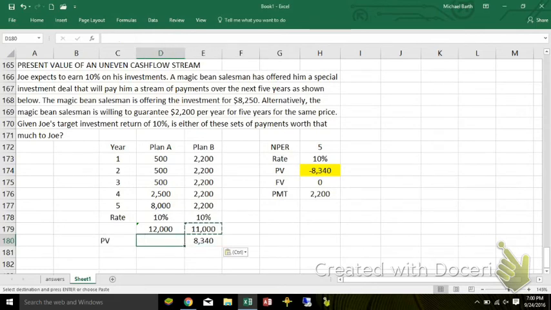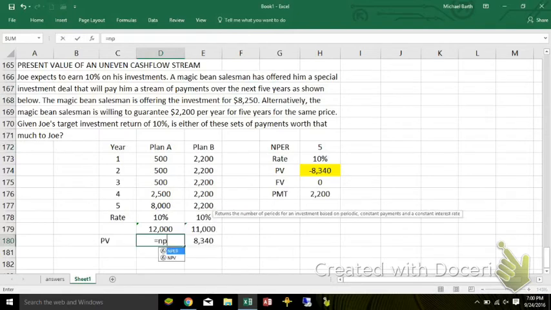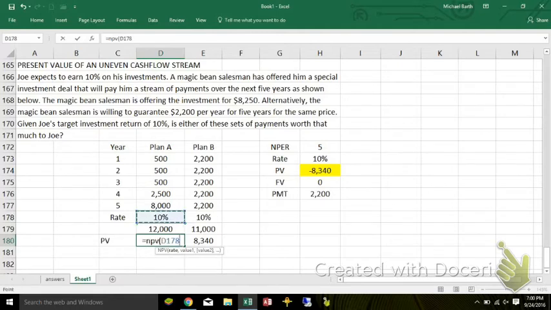There's the NPV function. Now, the NPV function in Excel, you just have to type in equals NPV open parens. The discount rate, here it's 10%, and then cover up cash flows 1 through N.